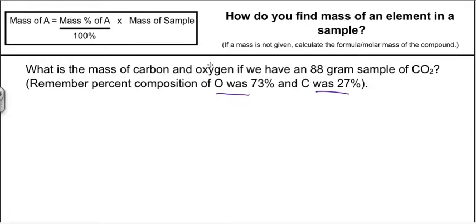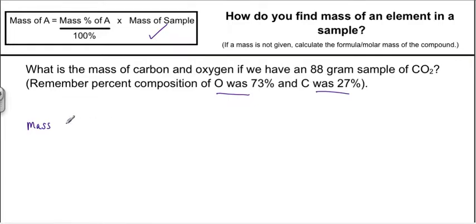So since we just did the percent composition of CO2 and we are looking for the mass of carbon and oxygen in an 88 gram sample of CO2, the way I'm going to set this up is I'm going to apply this equation here. So I'm going to use a little bit of a different equation. I'm going to find the mass of A, and let's just do the mass of oxygen first.